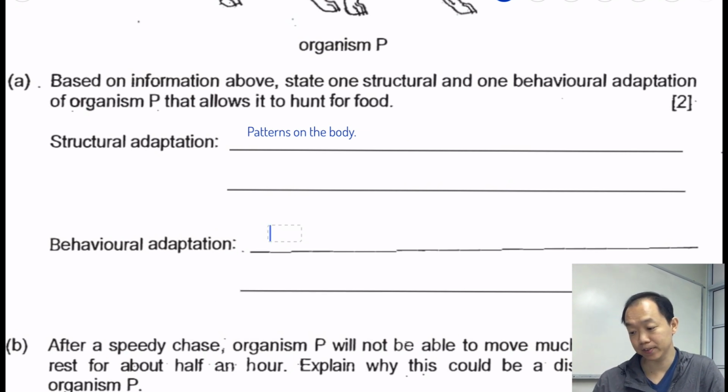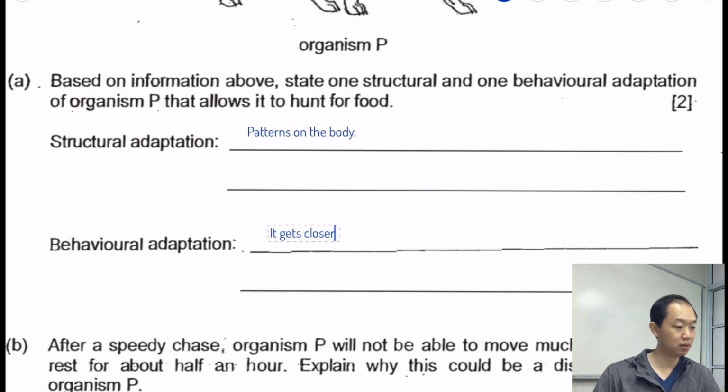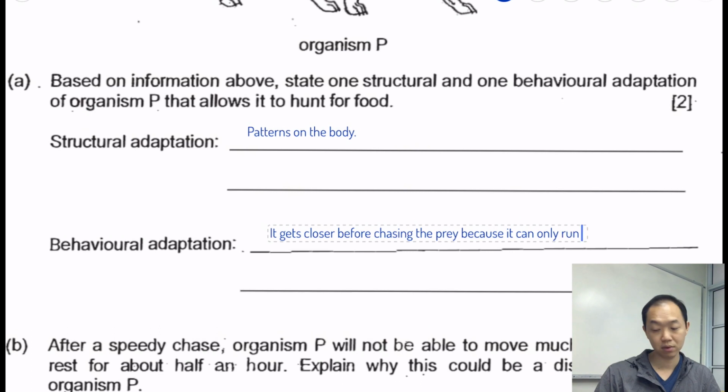Which one should you choose? Okay, we choose the get closer. It gets closer before chasing the prey because it can only run for what? How long can it run? 1 minute.